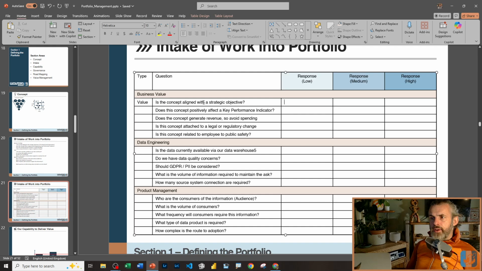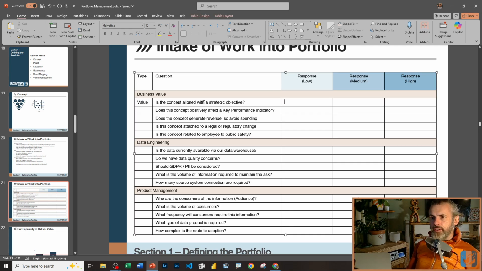Now a high response on this would be that it adds a lot of value. So a low response would be that it adds, well, little to no value in terms of, is it aligned to the strategic objective? So we could make these answers fairly simple.